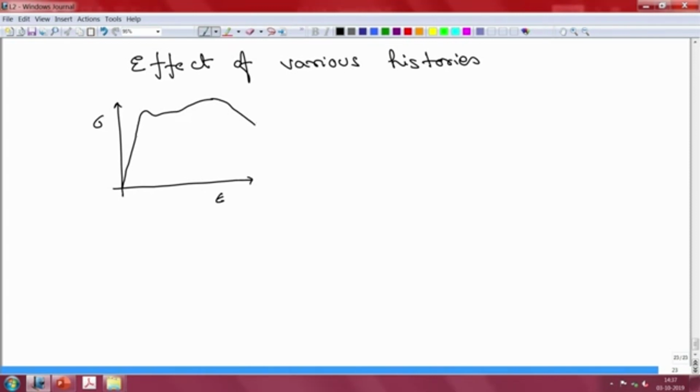Now this graph does not depend on the history by which you arrived at this situation, which means it does not matter how you did the experiment or what values of stresses you chose, or in a strain control test, what values of strain you chose, you will always end up with this graph. But that does not happen anymore for a viscoelastic fluid or viscoelastic material. So, this was just a generic response of a solid body.